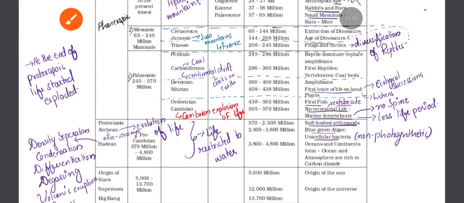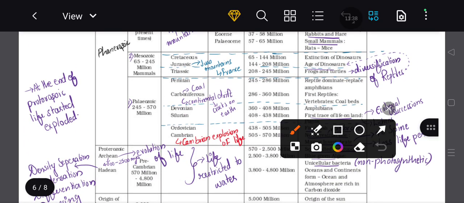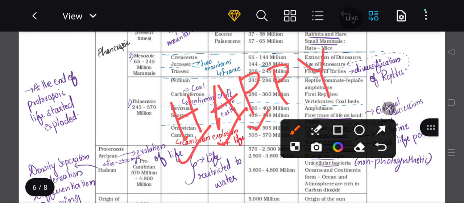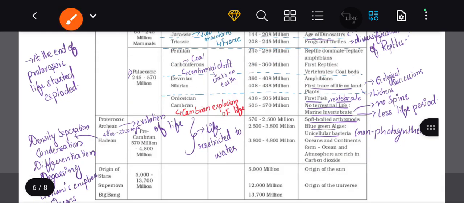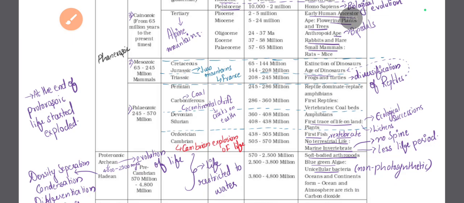If you look at the different eons that are there till now, there are 4 important eons. I have told you to remember the mnemonic called Happy: Hadean, Archean, Proterozoic and Phanerozoic. When you repeatedly say these terms, in the long term you'll understand and remember these words also.